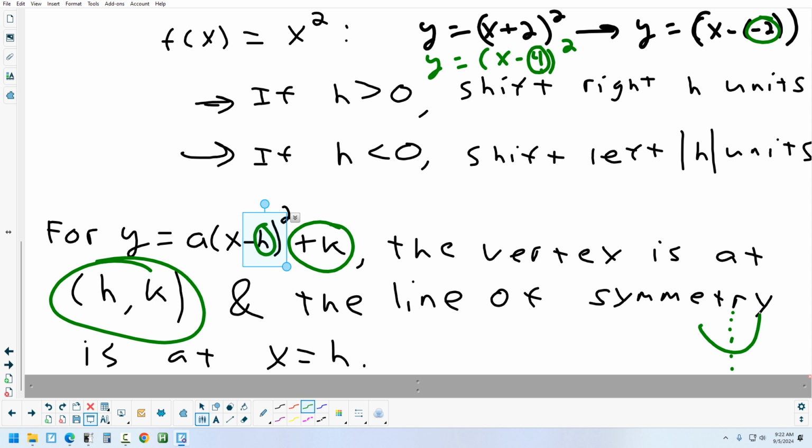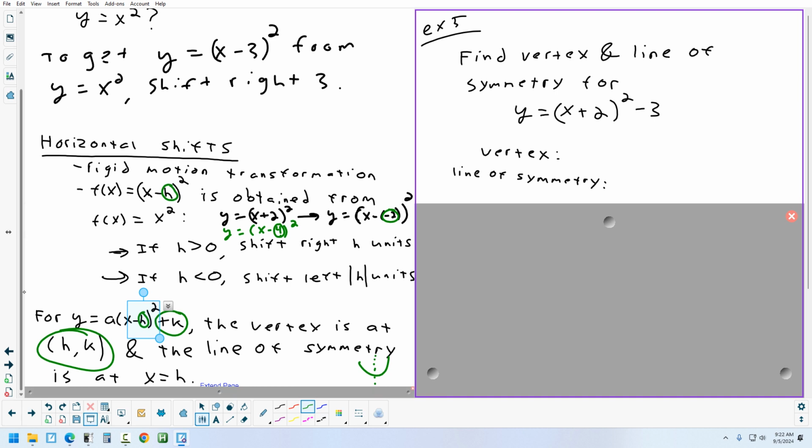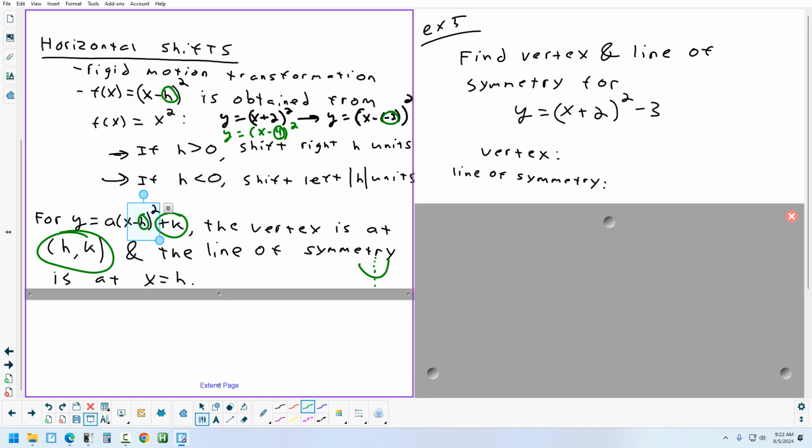All right, so let's look at an example and see if we can figure out the new line of symmetry and the new vertex when we do a transformation. Okay, so let's look at this one. It's y equals (x plus 2) squared minus 3.